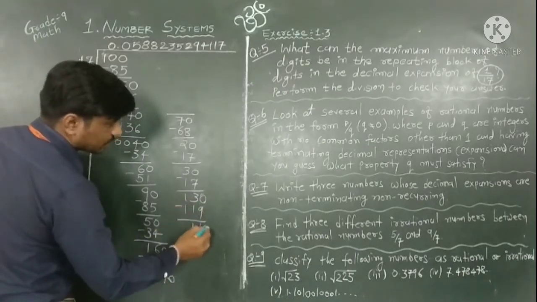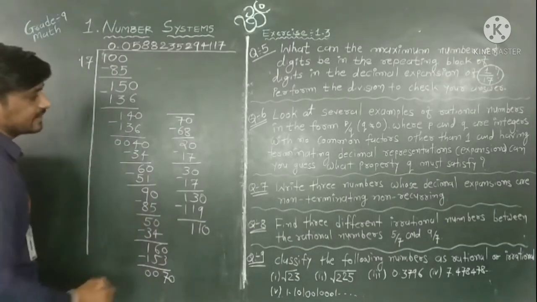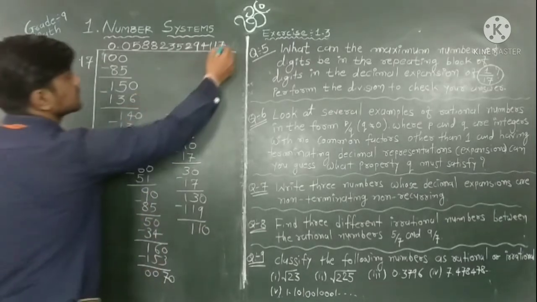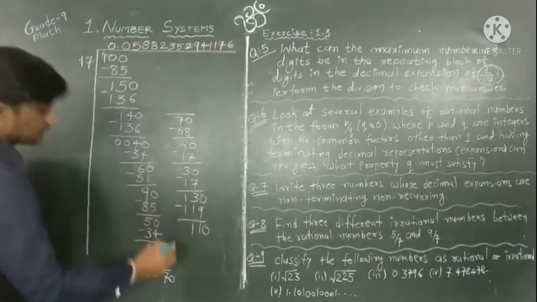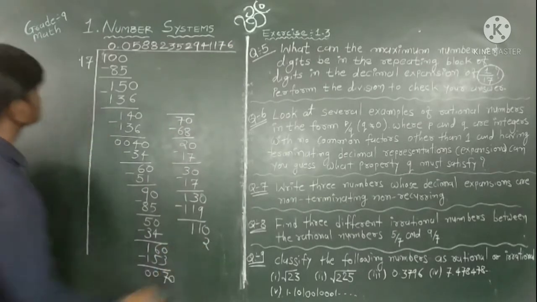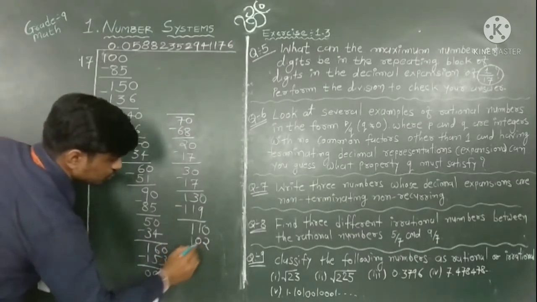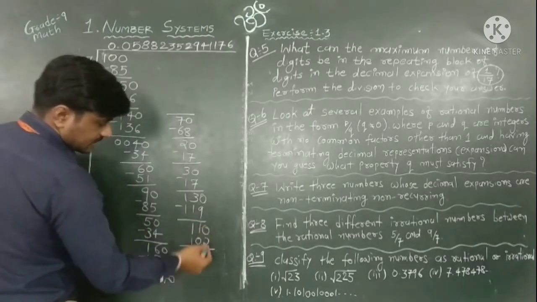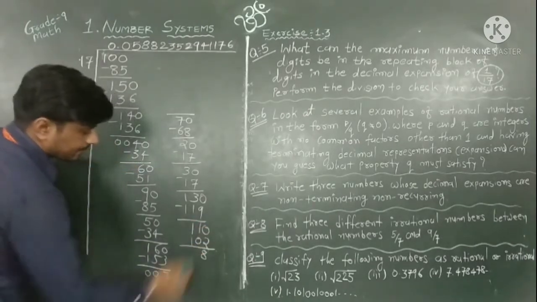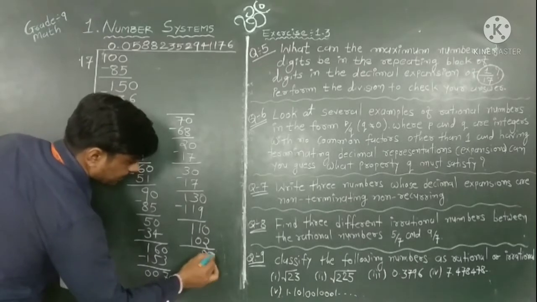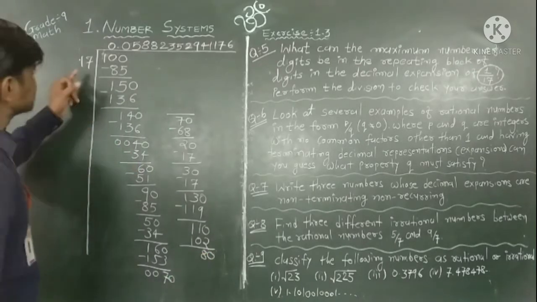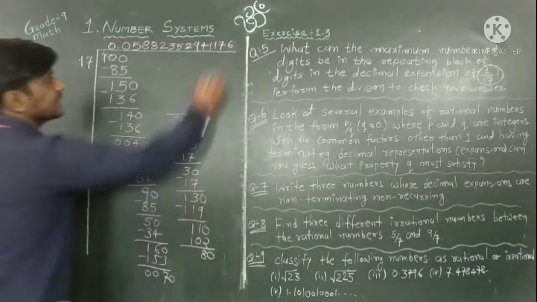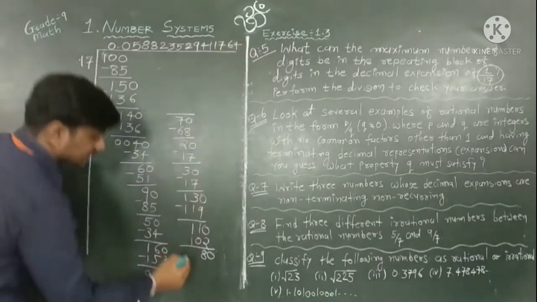Now 0. Now 17 6s are 102. Now subtract, this is 8. And 0. Now remaining 17 4s are 68.